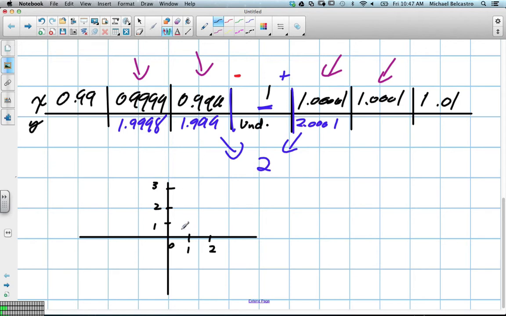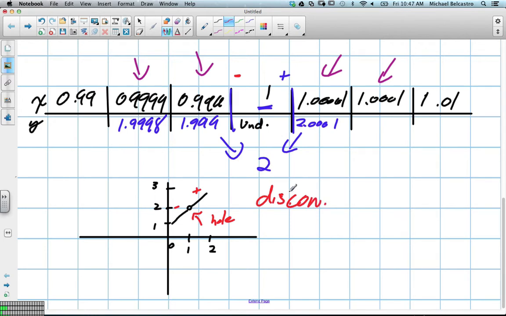We have a hole at the value of 1, and we are getting closer and closer to 2 from the left. Approaching 1 from the right, we're also getting closer and closer to the value of 2, but we have a hole in this function. So this is discontinuous, which is very important for us.